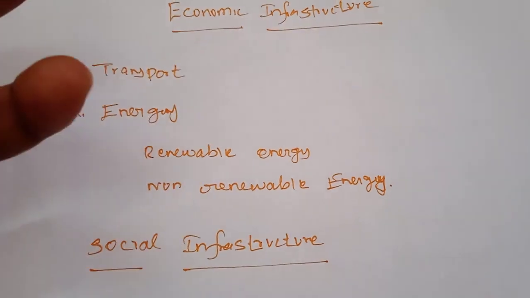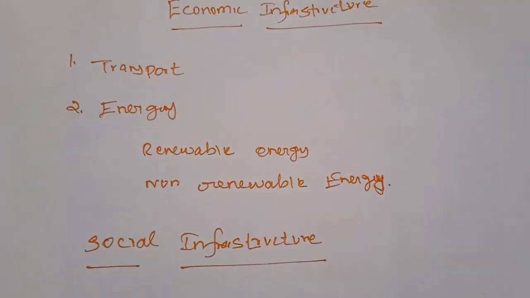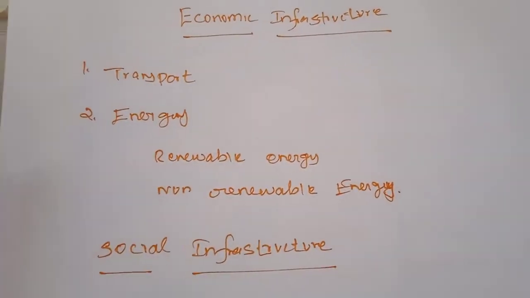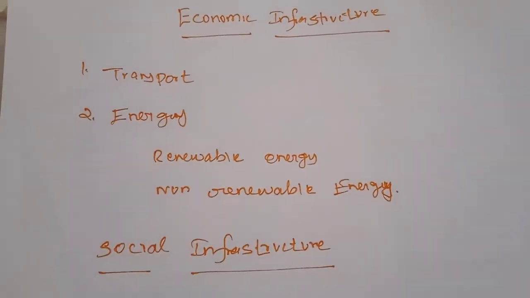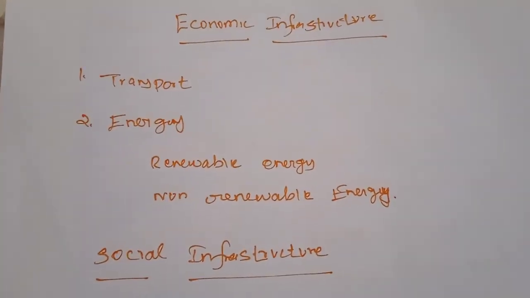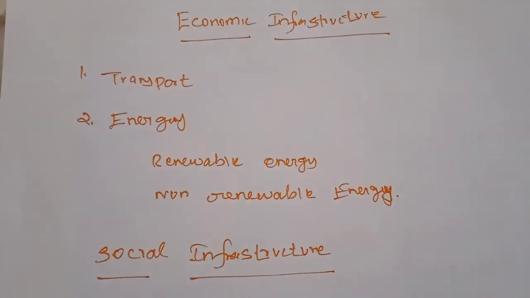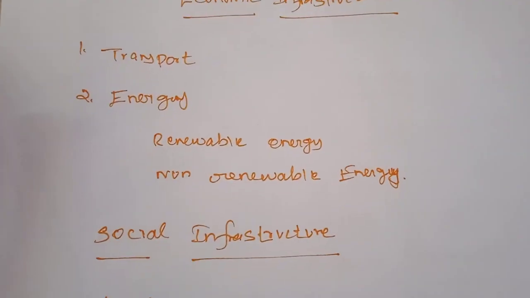So if we want to increase our production capacity and the level of distribution, we must increase our economic infrastructure. Without increasing the infrastructure facilities, we cannot increase production and distribution.